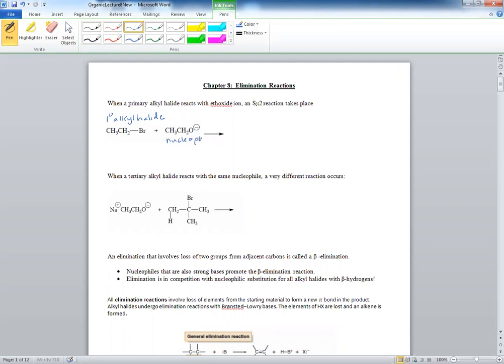It's a great nucleophile because it has a charge on it. We knew that the outcome of this reaction, an SN2 reaction, would be a substitution of the Br with the ethoxide ion.